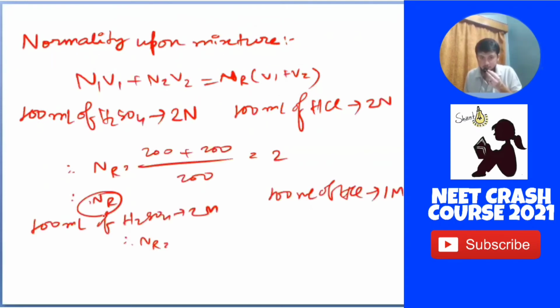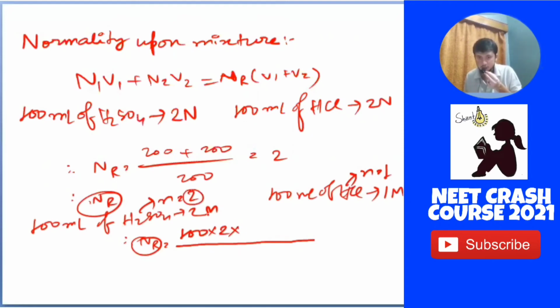For H2SO4, it gives a maximum of 2 H+ in the solution, so its n factor will be 2, and HCl gives 1 H+, so its n factor will be 1. Now if we want to decide the resultant normality, we write it like this: volume into molarity into n factor.